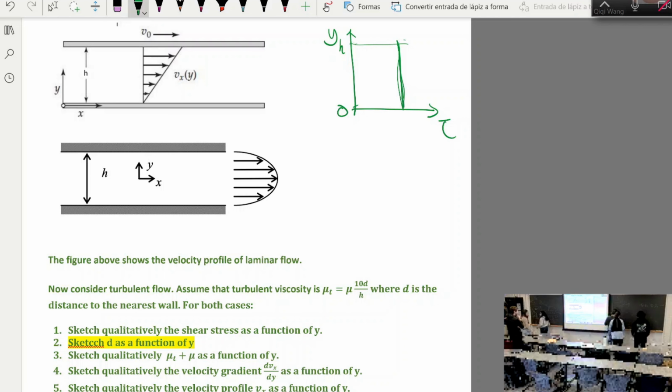When mu total is small, your dv/dy has to be large. So it's going to be a plot like that and then go up, and that has to be symmetric on both sides. That's right. Now you have dv/dy.